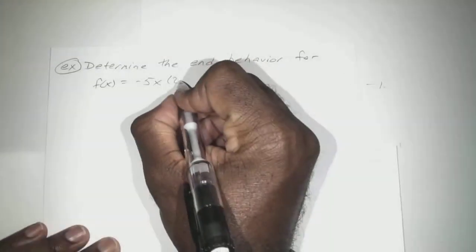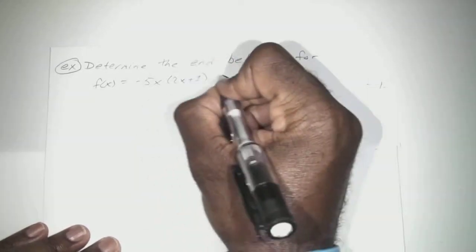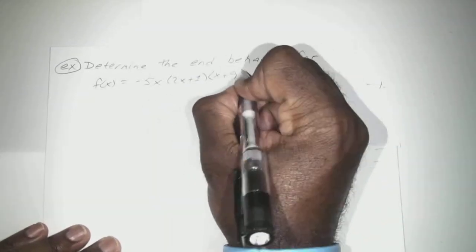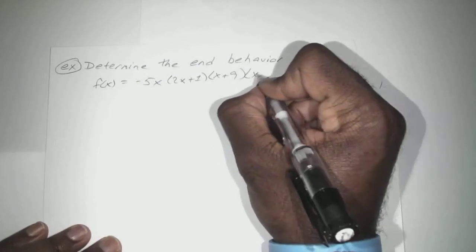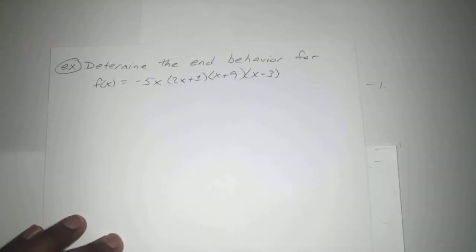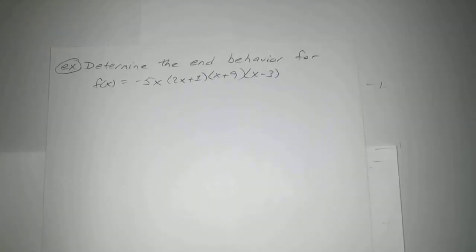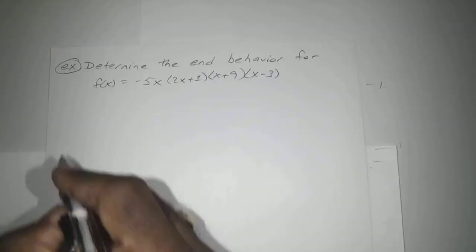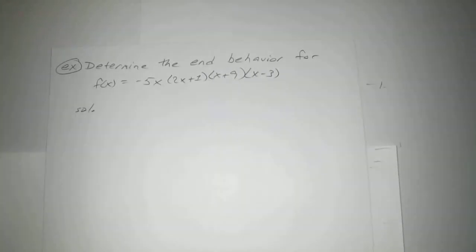Thank you. Say 2x plus 1 times x plus 9 times x minus 3. Yep, this one would be a degree of 4.